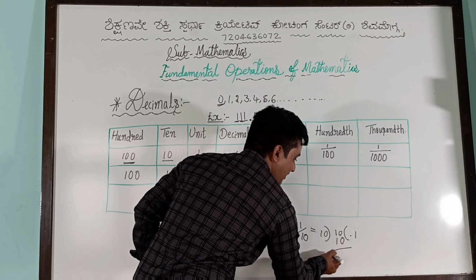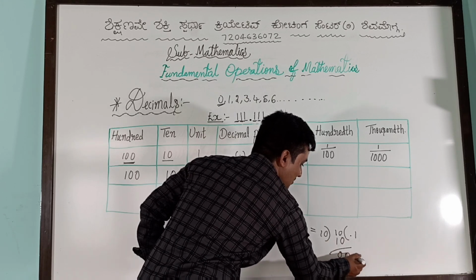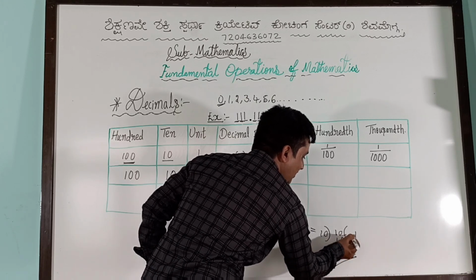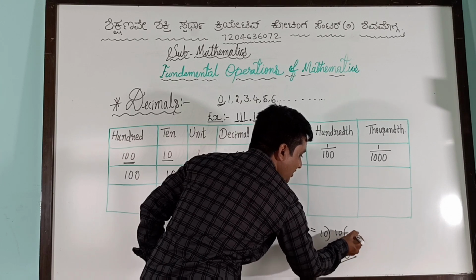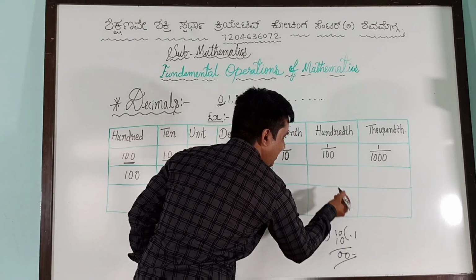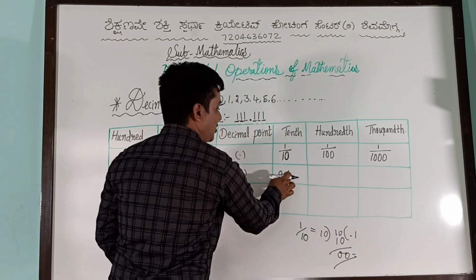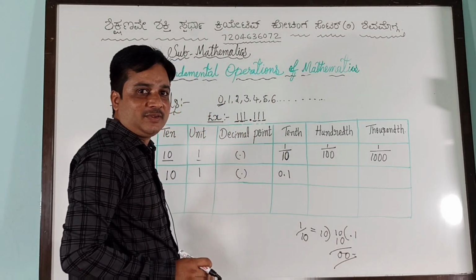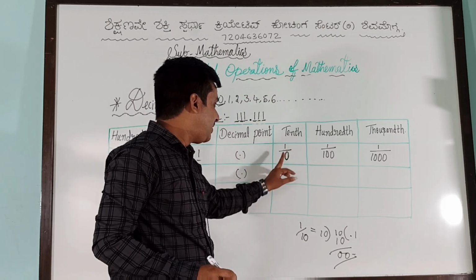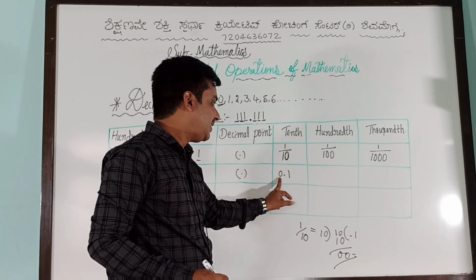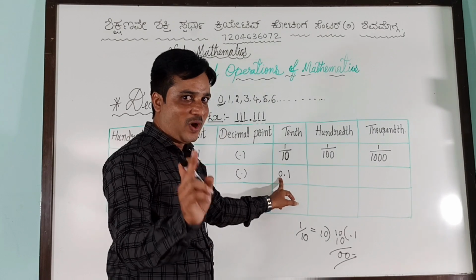Right? 10 ones are 10. Here remainder 0 0. Here what we got? 0.1. That means 0.1. What is the value of 1 by 10th? The value of 1 by 10th is 0.1.